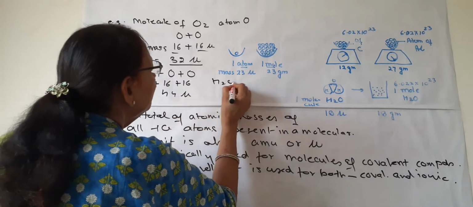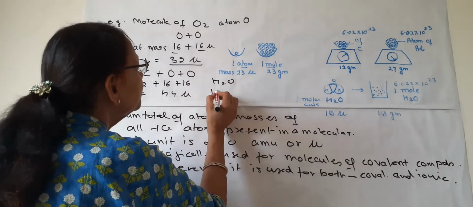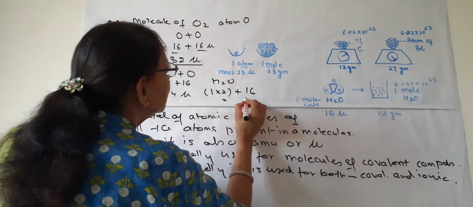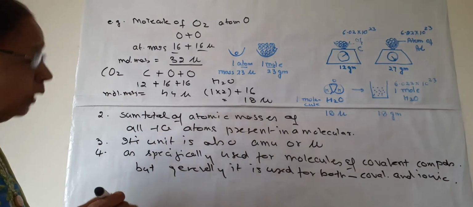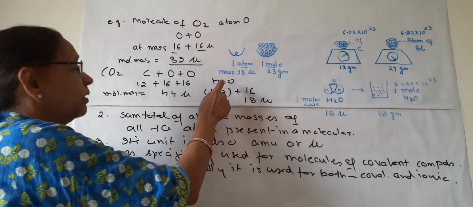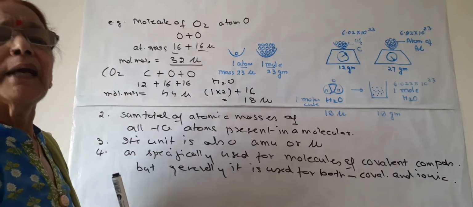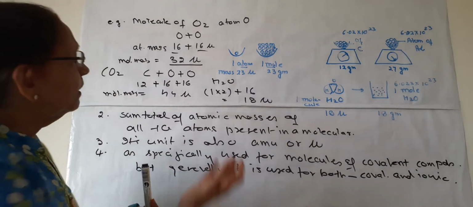Likewise, for water, hydrogen atomic mass is 1 and there are 2 atoms, so 1 into 2 plus 16 is equal to 18 u. 18 u is the molecular mass of water. These are covalent compounds. Like nitrogen, we can calculate just by adding the atomic masses of different atoms.